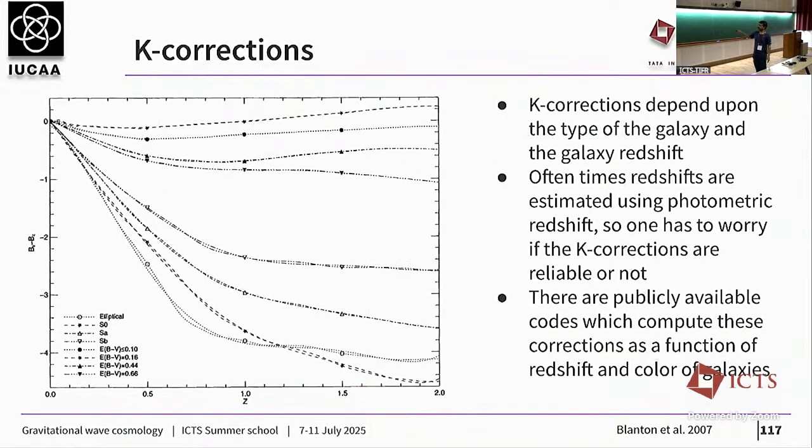Okay, so then what people do is also they simplify the computations of these K corrections. If you look at GW Cosmo, for example, what they will do is, based on one color and the magnitude of a galaxy, they can tell you what the K correction should look like.